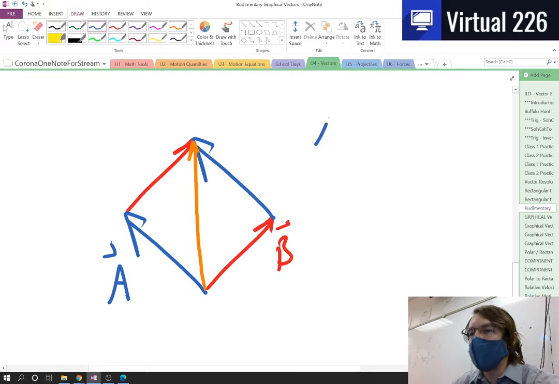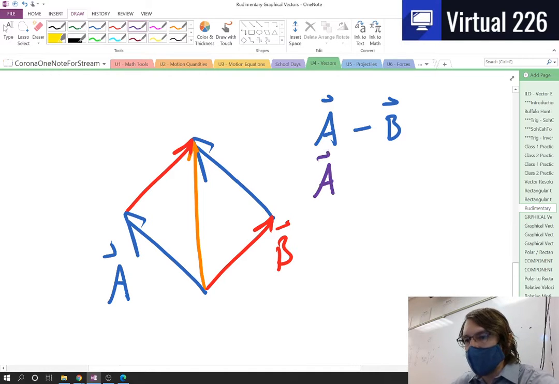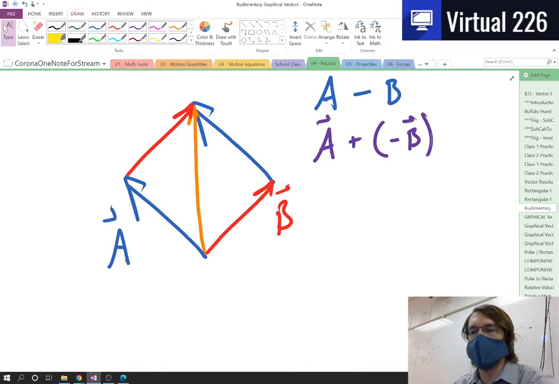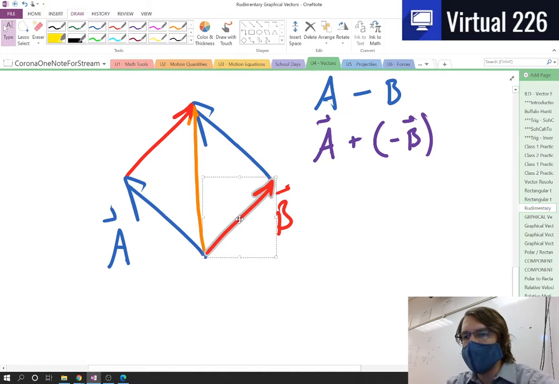What would A minus B equal? Well, really, A minus B is the same as saying A plus the opposite of vector B. And when we think about what is the opposite of vector B, well, the opposite of vector B is vector B here, but it's pointing in the opposite direction.